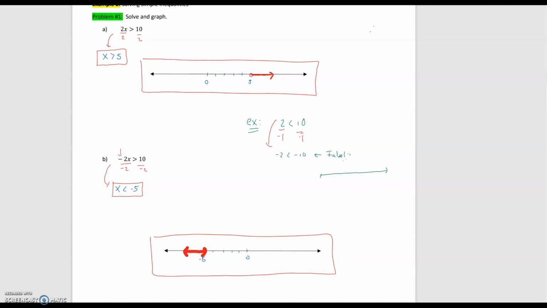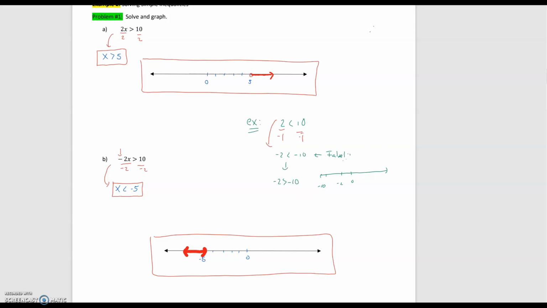If you look at the number line, this is 0, this is negative 2, this is negative 10. So numbers to the right are larger. In this case, in order to make the true statement, we will simply say negative 2 is greater than negative 10.